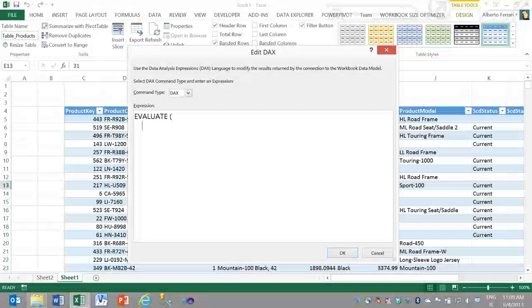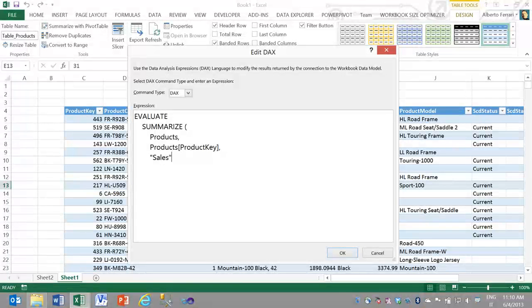What we need to do is take the products, and for each product we want, summarize products by products, product key, and we want to have a column which is called total sales, which is computed as sum of sales amount.